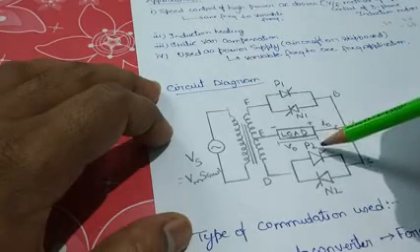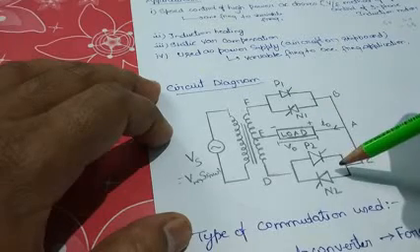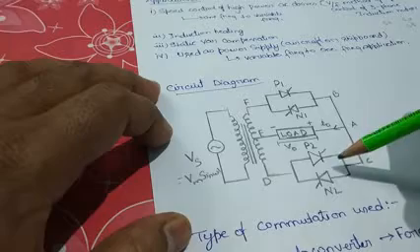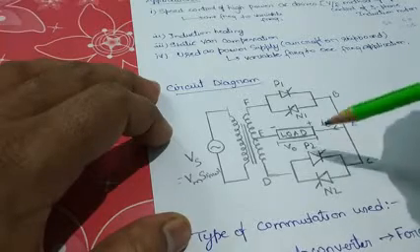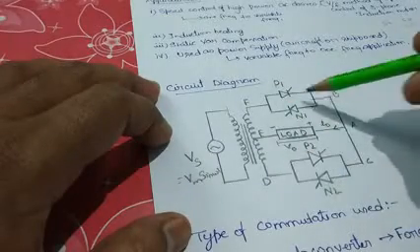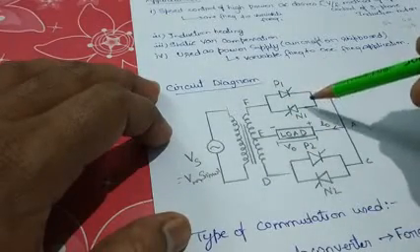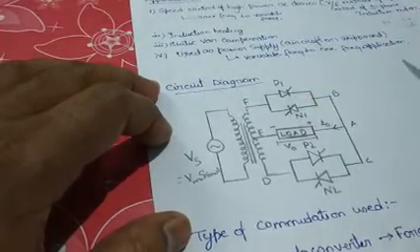Thyristors are used here as switches. So these 4 automatic switches will be operated at different times, and because of this, the same circuit can behave as a step up cyclo converter, and the same circuit can also behave as a step down cyclo converter. So step up and step down both.